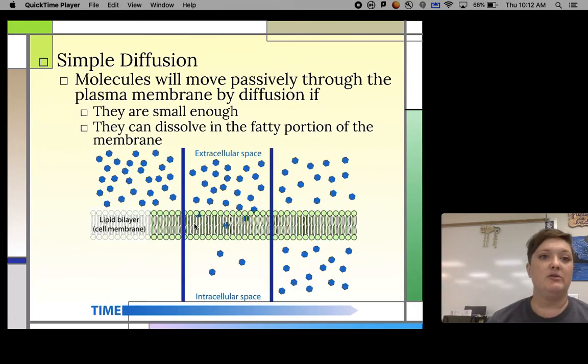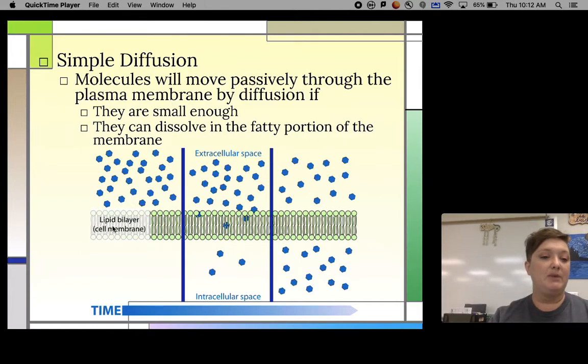So the first one we're going to look at is called simple diffusion. This is just that. It's simple, it's easy, it happens all on its own. This is where stuff moves through that plasma membrane all on its own. Now, if it's moving through that plasma membrane, there are two qualities that it needs to meet. The first, because you can see, it's got to go between these tiny little membranes, right?